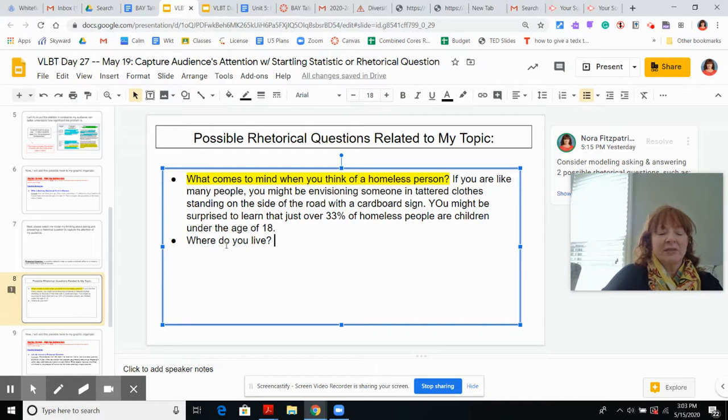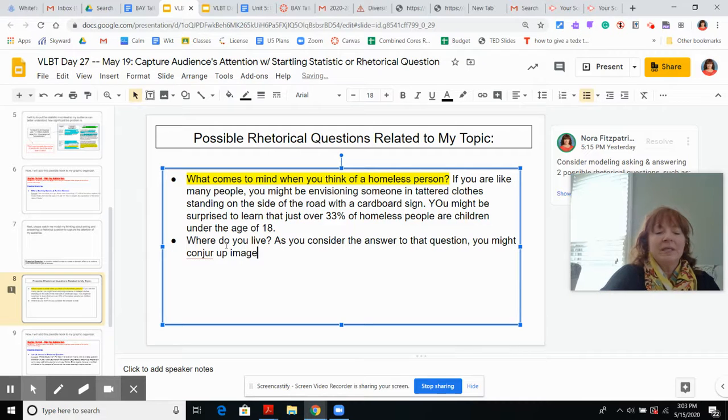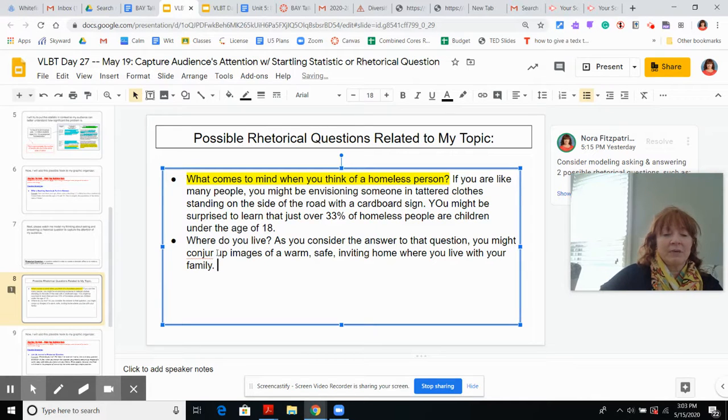So I might say something like, as you consider the answer to that question, you might conjure up images of a warm, safe, inviting home where you live with your family.